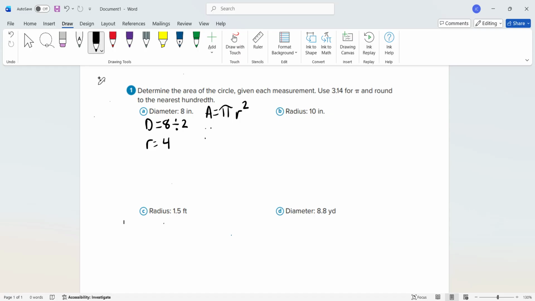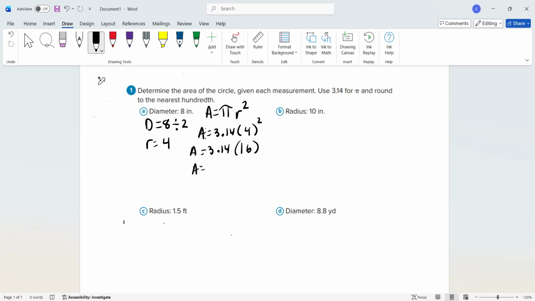Now I put that into my equation. A equals 3.14 times 4 squared. Well, 4 squared is 4 times 4, that gives us 16. So now all I'm doing is 3.14 times 16.